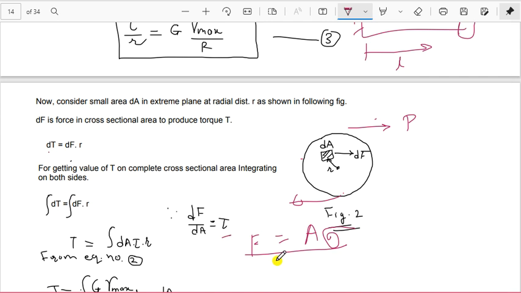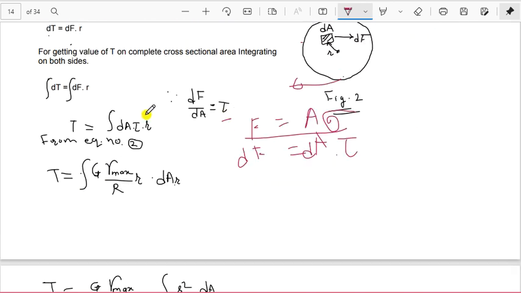We will consider this force is equal to area into shear stress tau. This is the force on complete area. Then force on smaller area dA will be like this.